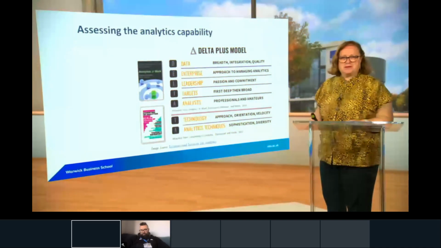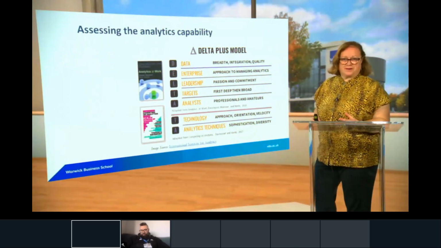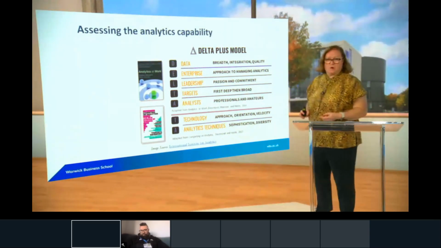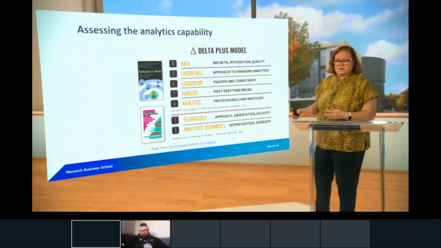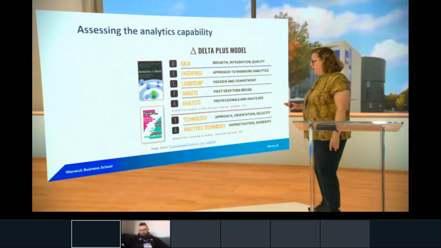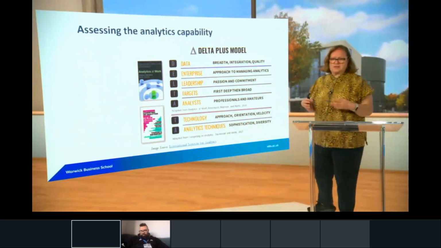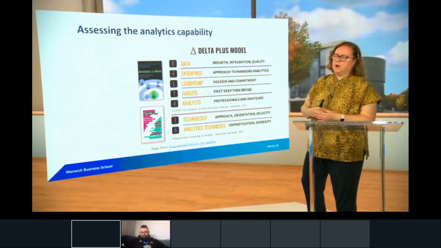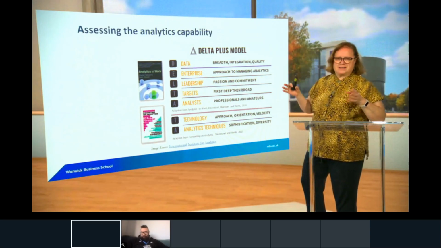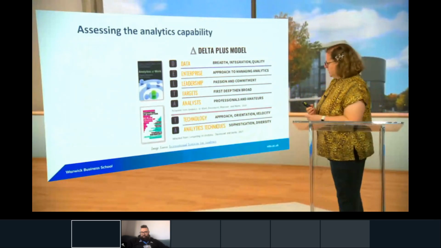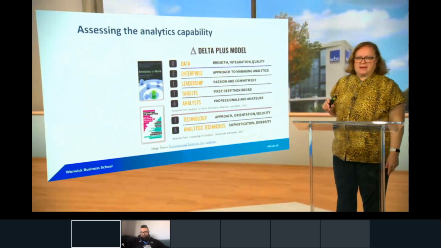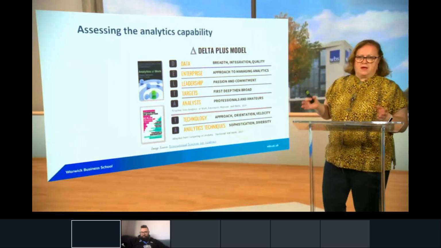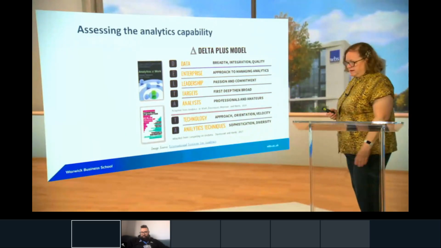Analysts, the people that do the analytics work. What is their capability? What is their skill level? Are they professionals? Are they amateurs? And then the technology. What sort of technology is the organization using to manage and process its data and to deploy the analytics? And then finally, analytical techniques. What are the actual techniques from that analytics toolkit that are being used within the organization?